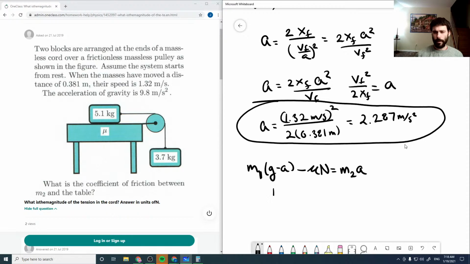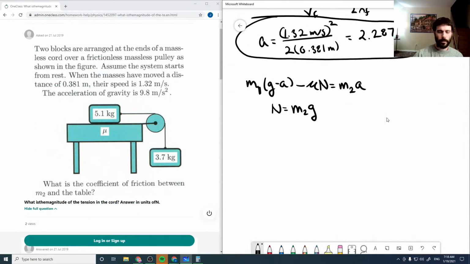And recall that our normal force is M2g. So then we've got M1 g minus a minus mu M2g equals M2a.